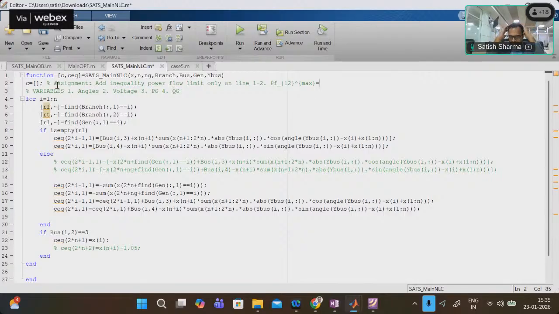So we will put 300 megawatts. This is your assignment.